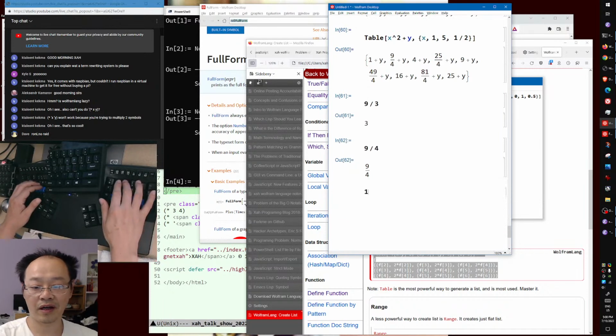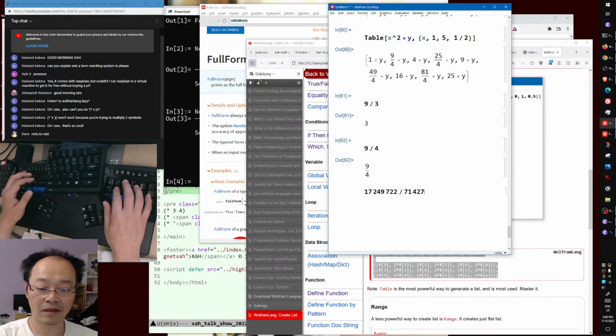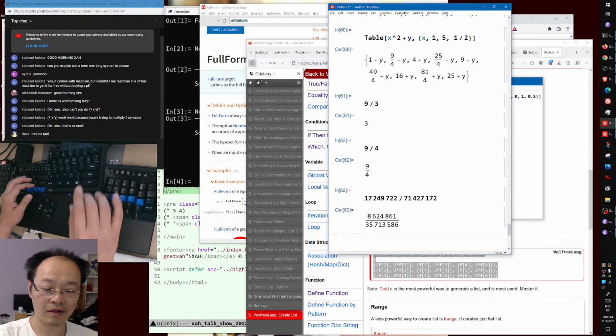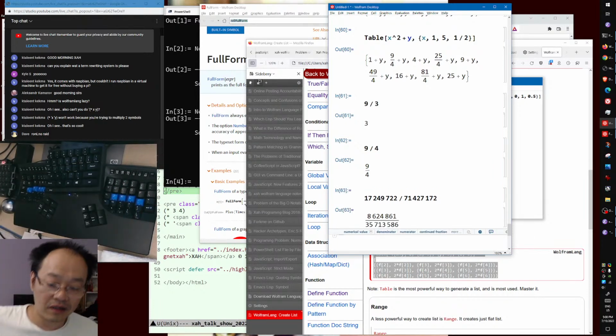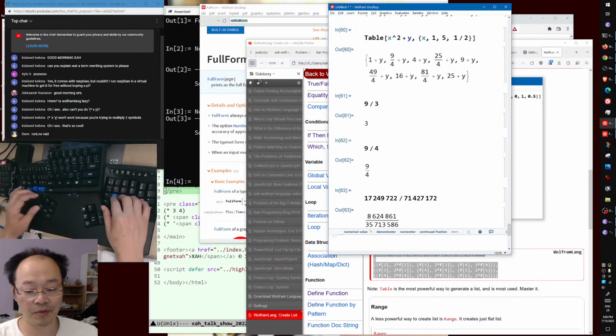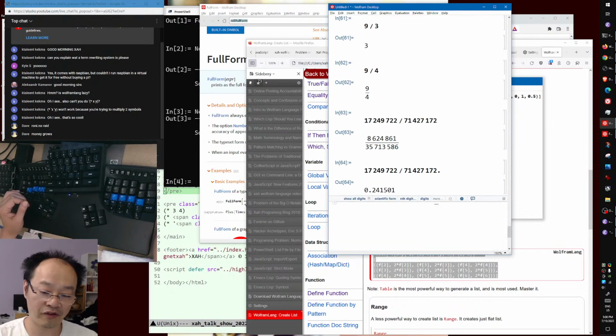So if you have a large number, let's say 2 over another random number, it simplifies the fraction for you, and it doesn't become a float. In most languages, most of the time you just get a float.